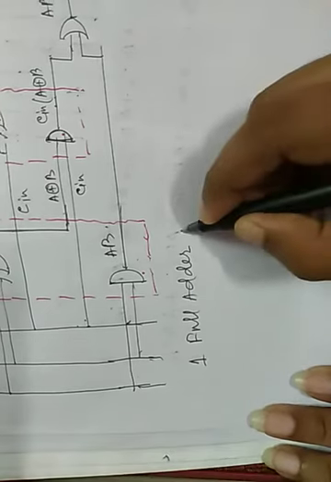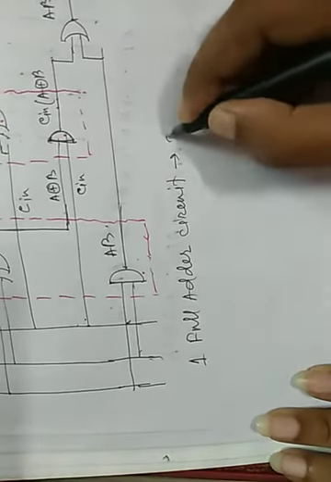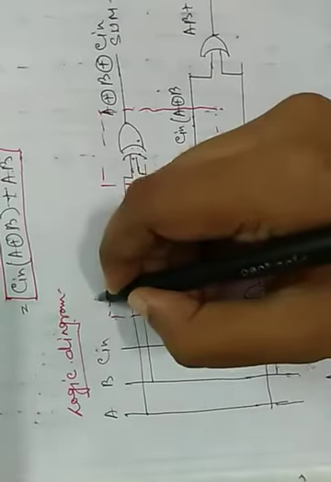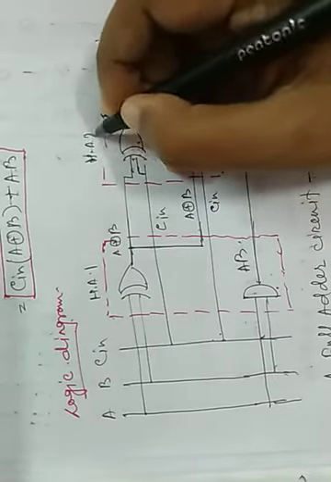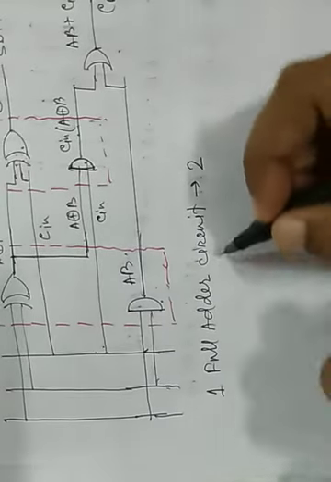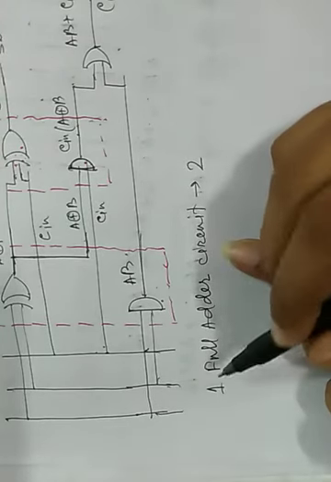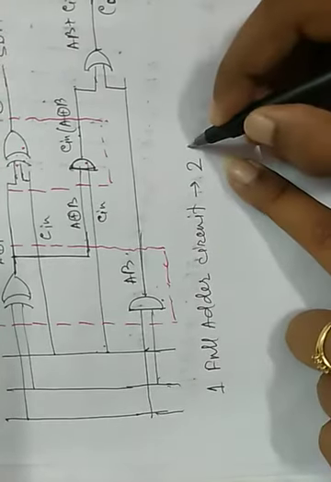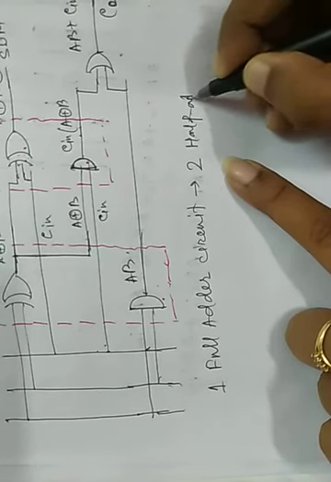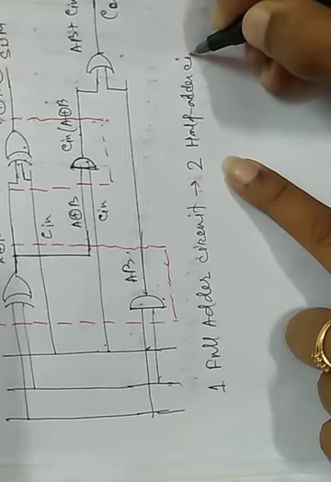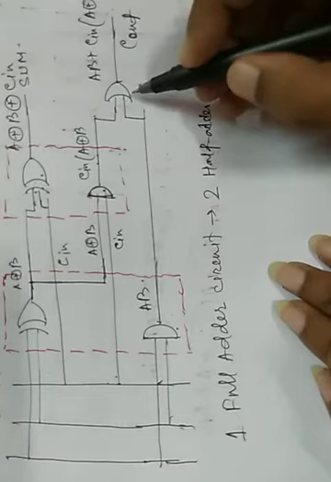So one full adder circuit can be made using two half adders. This is half adder 1 and this is half adder 2. Here comes the question: can we draw the full adder circuit using two half adders, whether it is possible or not? So one full adder circuit equals two half adder circuits plus one OR gate.